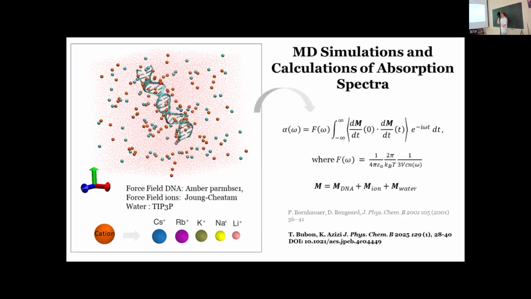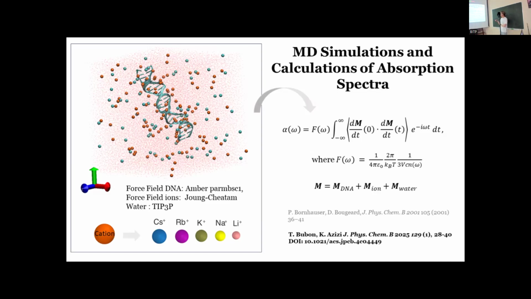To study the vibrational dynamics of the modeled system, we first calculated the absorption spectra, which can be obtained as the Fourier transform of the correlation function of the time derivative of the total dipole moment. Please keep in mind that the total dipole moment here is presented as the summation of the different dipole moments of the components of the system: DNA, ions, and water.